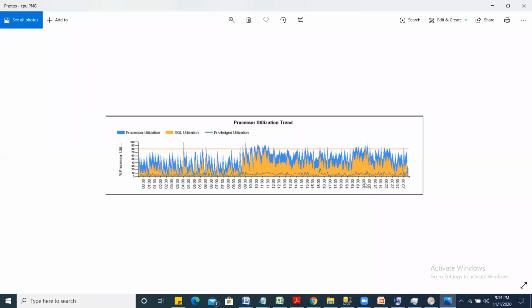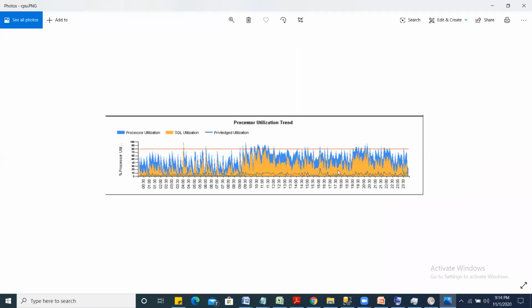What is taking time? Yes, tell me. Basically, this is one of the servers, and it is dedicated to SQL Server, and the backups go to a shared drive. I always see that the processor utilization, the blue one, is more than the SQL utilization.